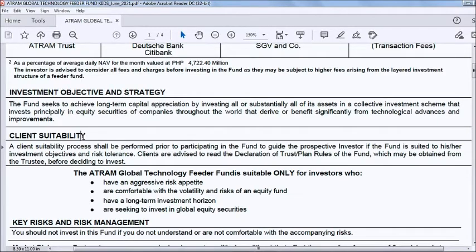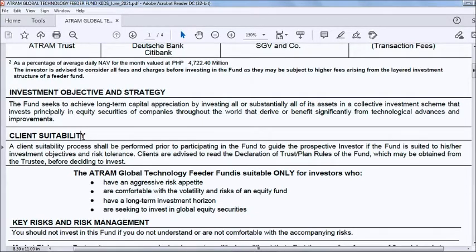So, with funds, remember when you start investing, you should know your risk profile, especially if, for example, you signed up via the G investment platform. There are questionnaires there that you answered prior to starting investing. You should know your risk profile.